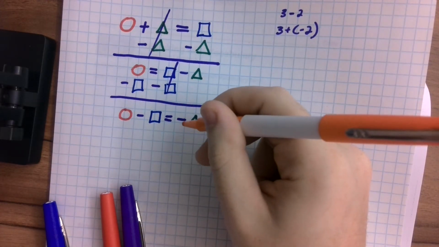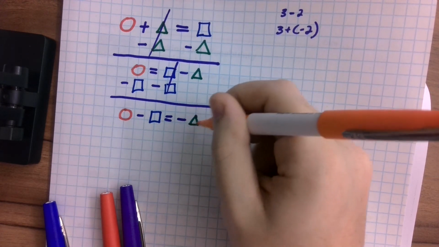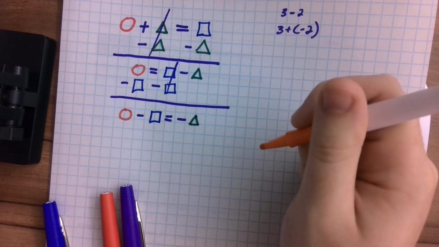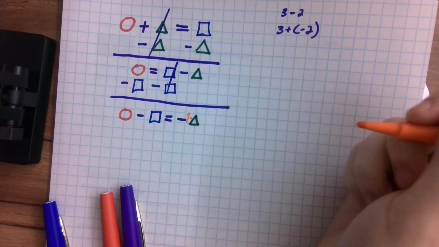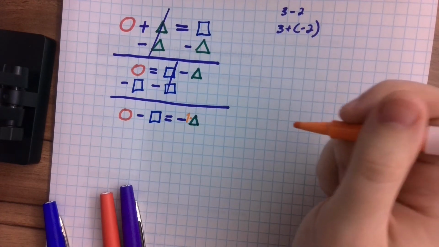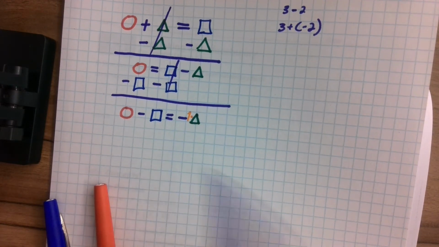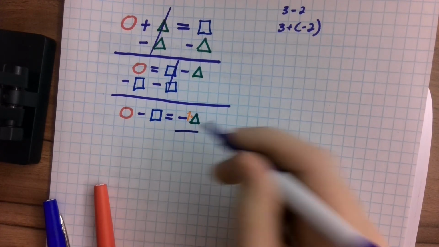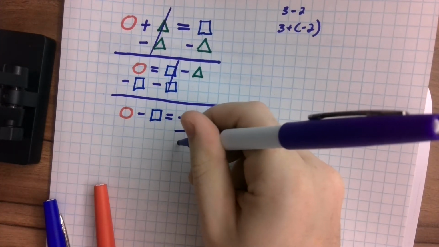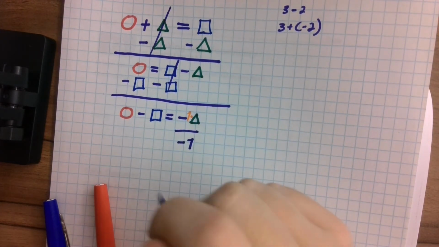Whenever you see a minus sign in front of some sort of variable or unknown, in this case we have an unknown, it's a triangle, it's really -1 times that unknown. So how do I get rid of -1 being multiplied to our triangle? Well, we would have to divide by -1, of course. And that'll give us our triangle by itself.